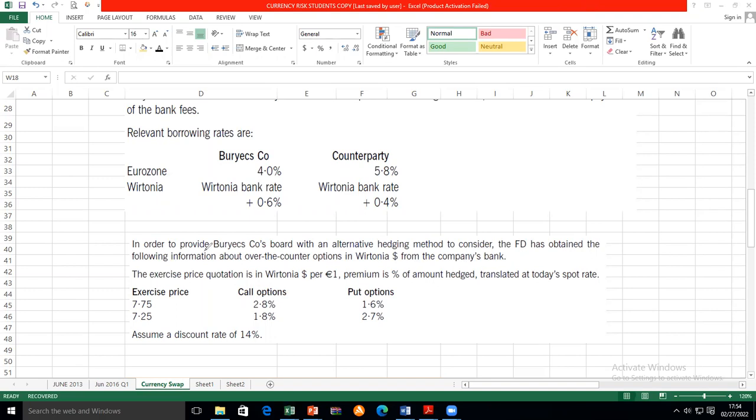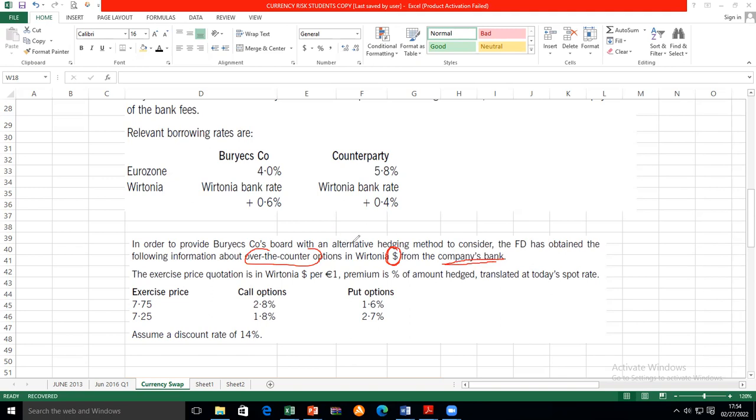The FD has obtained the following information about over-the-counter options. So this one is an over-the-counter option. It's not traded. You go to the bank and agree this. In Witonia dollars, from the company's bank.